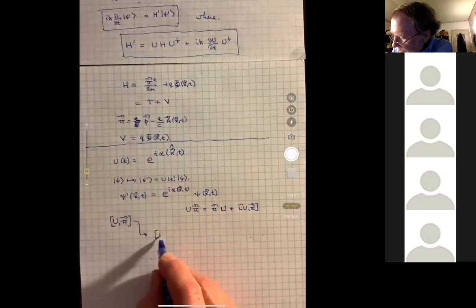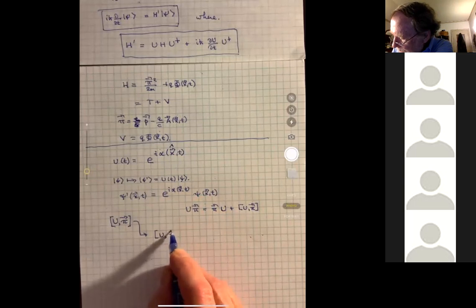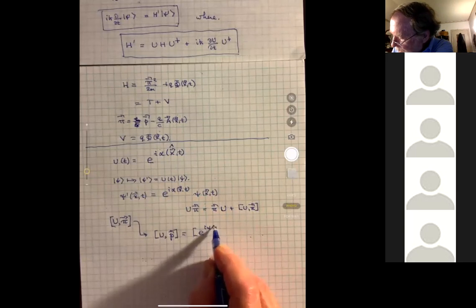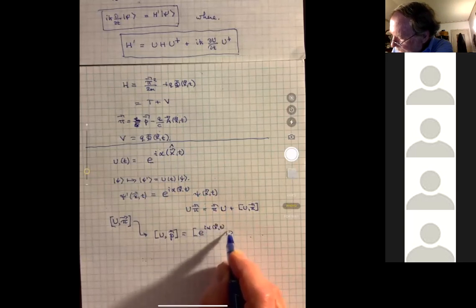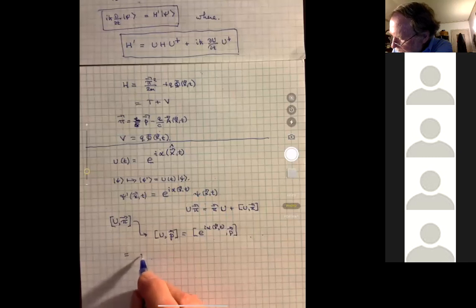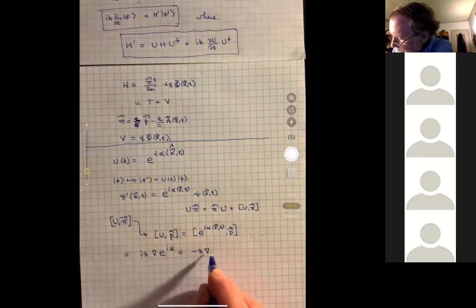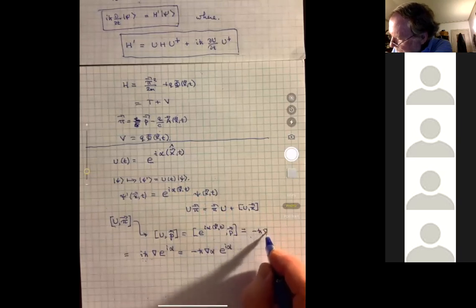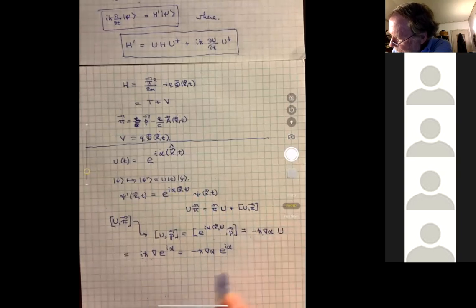So this is the same thing as U commutator with p, which is the phase factor e to the i alpha of x and t commutator with p. By simple commutator manipulations, this is the same thing as i h bar times the gradient of the phase factor e to the i alpha. And that's equal to minus h bar grad alpha times the phase factor e to the i alpha. So this commutator is minus h bar grad alpha times U. You can write it that way.